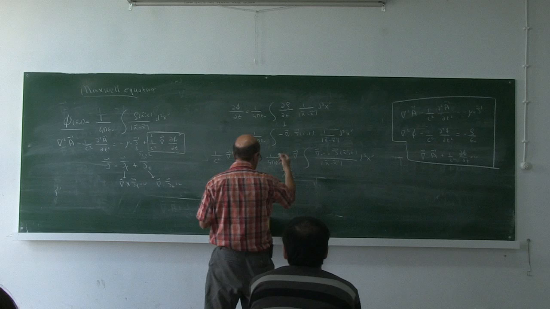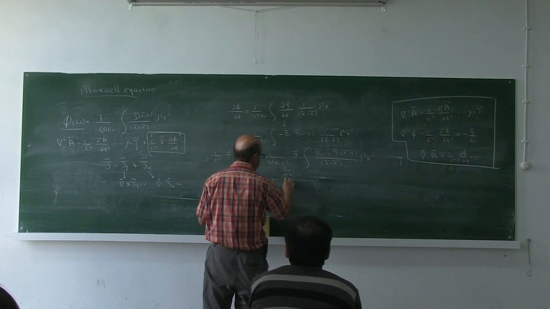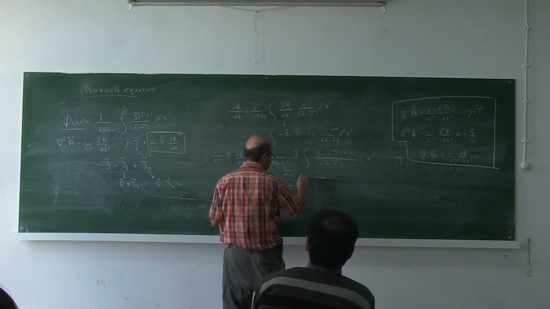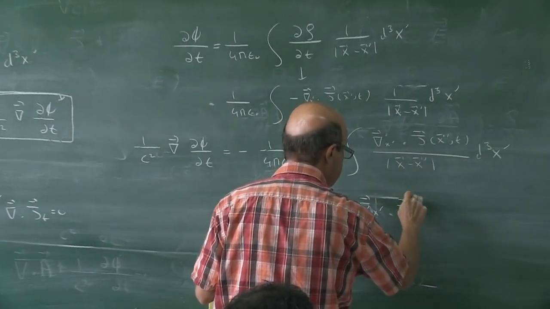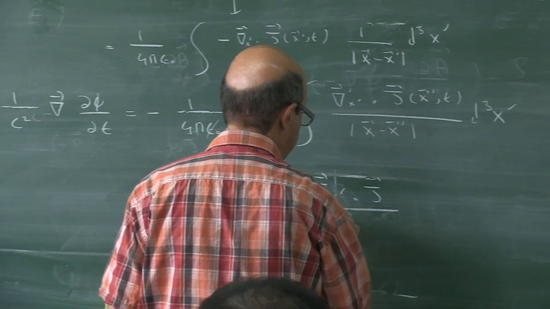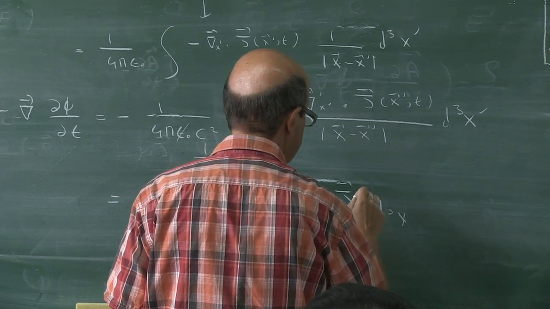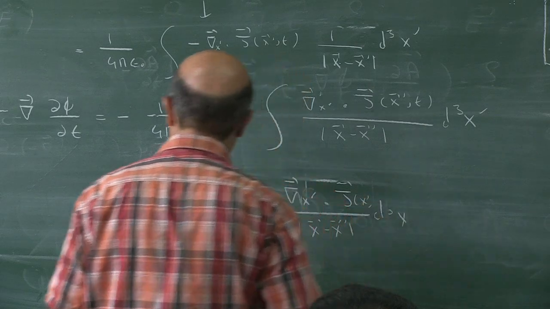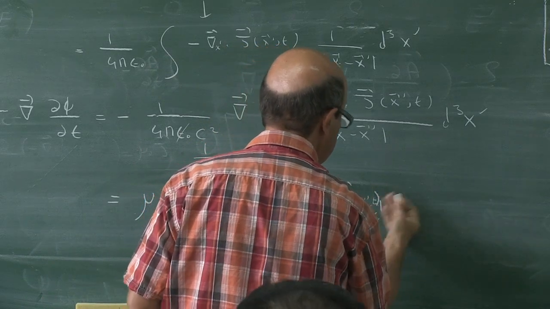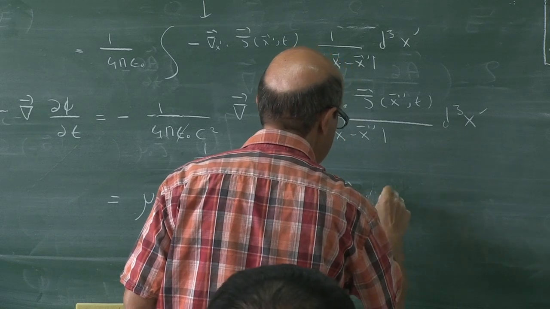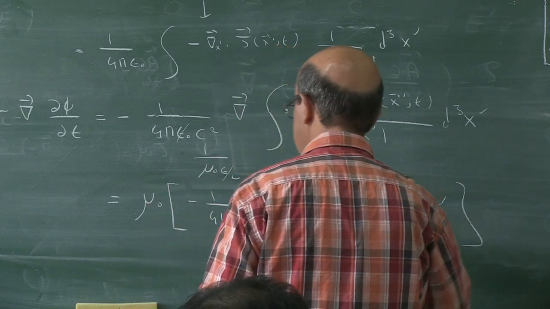This is mu 0 goes up. In the parentheses, you have 1 over 4 pi, gradient of divergence of current density over x minus x prime, d cube x prime, and I am going to show you that there is a t here, J of x prime, t, d cube x prime, and this is nothing but JL.